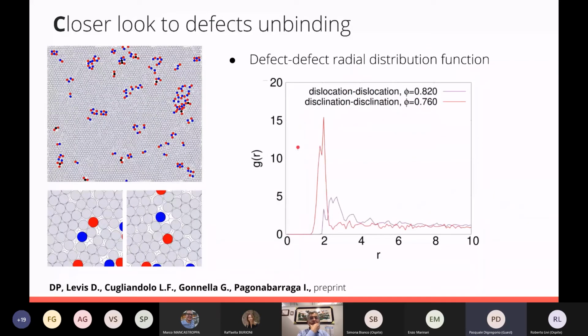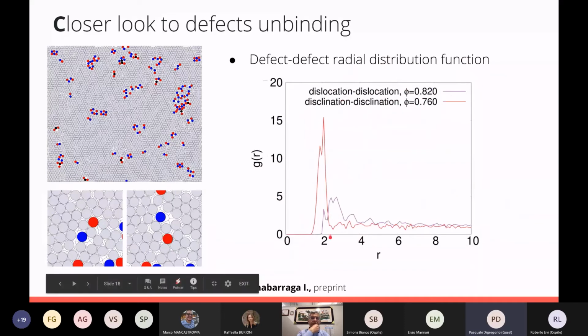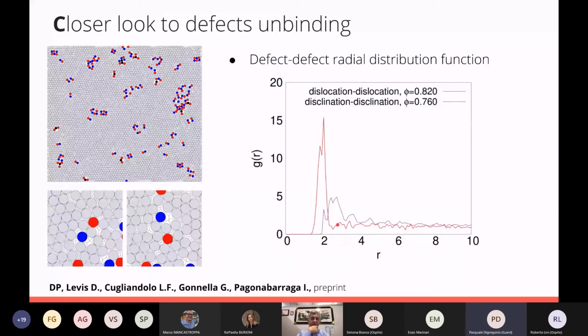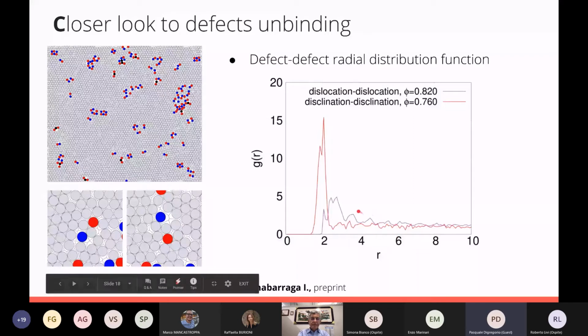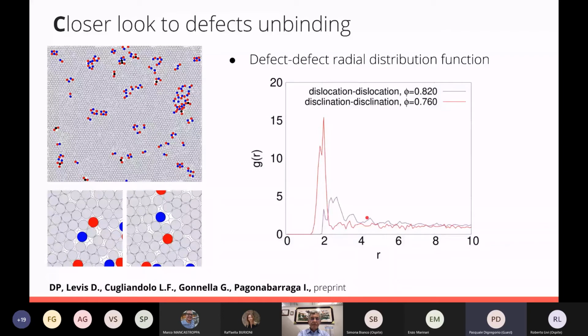This is quantitatively confirmed by the study of the defects' radial distribution function. As you can see here, for the dislocation radial distribution function, the distance probability between pairs of dislocations is broader, and it means that there is a significant probability of finding two dislocations very far apart from each other.